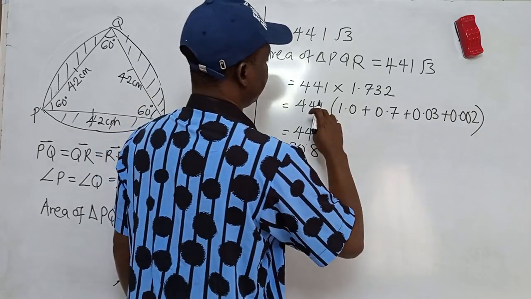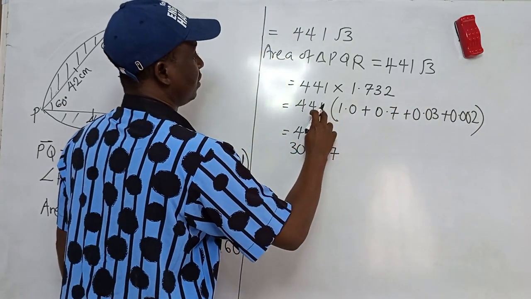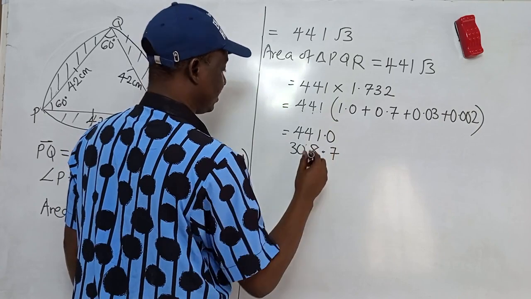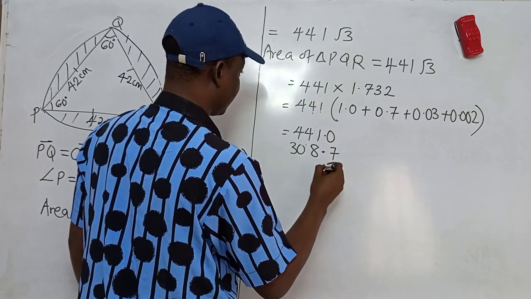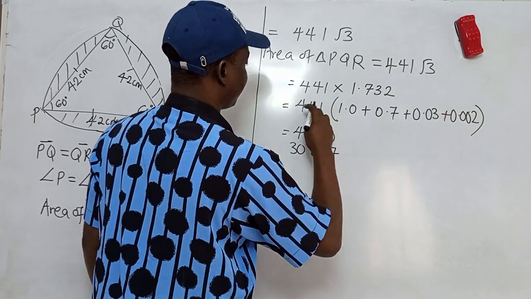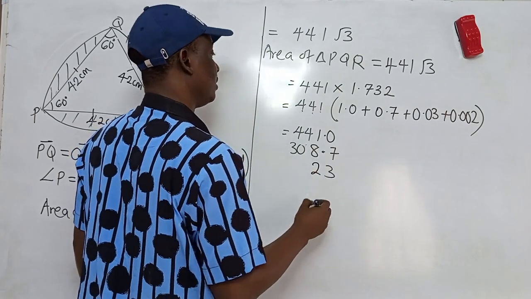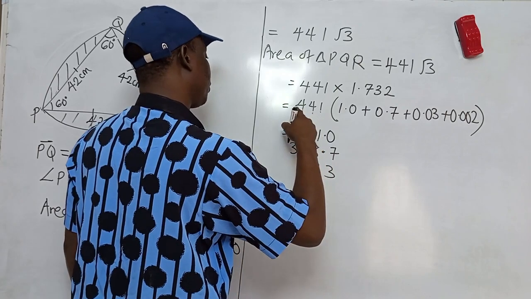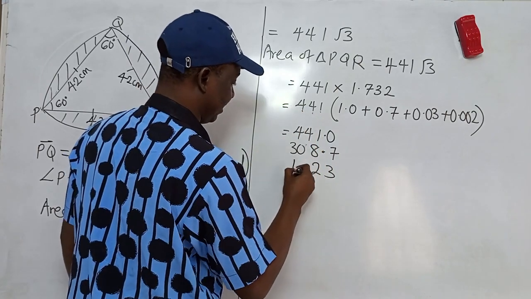Then 3 times 1 is 3, then 3 times 4 is 12, carry 1, 3 times 4 is 12 plus 1, 13.